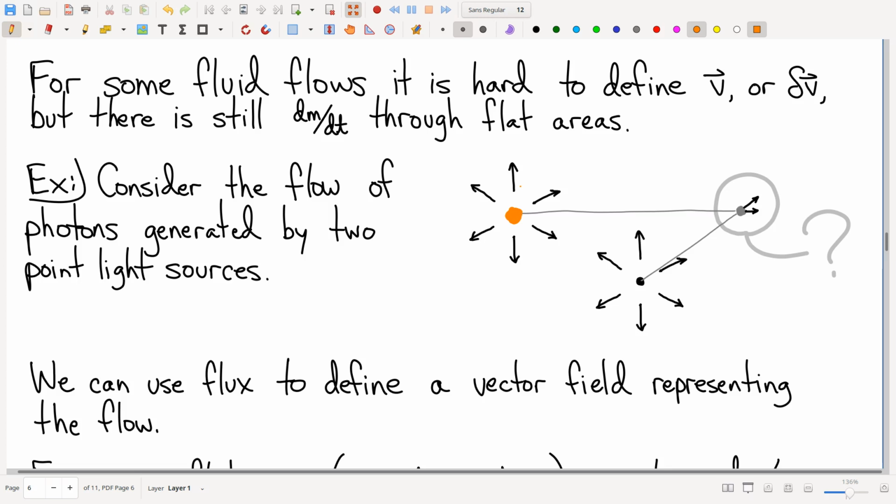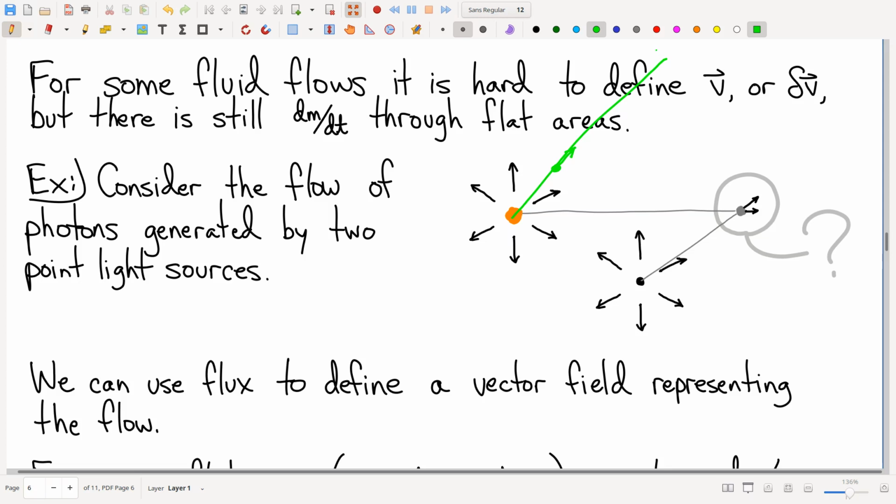And I can talk about that fluid flow, the flow of photons, and I can talk about a point like, let's say right there, and the velocity of the photons, maybe something like that, because at that point, that's the path that photons follow, and they're going along that path. So it's perfectly easy to describe the velocity of the fluid there.